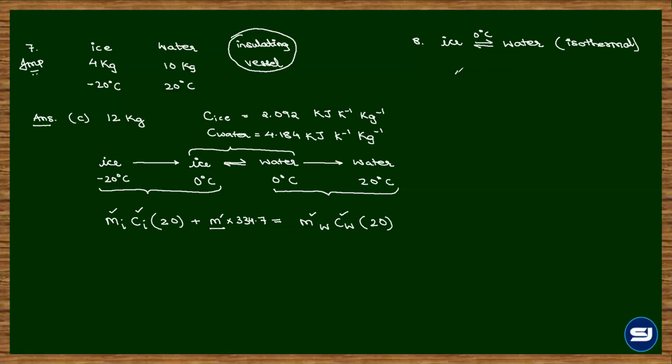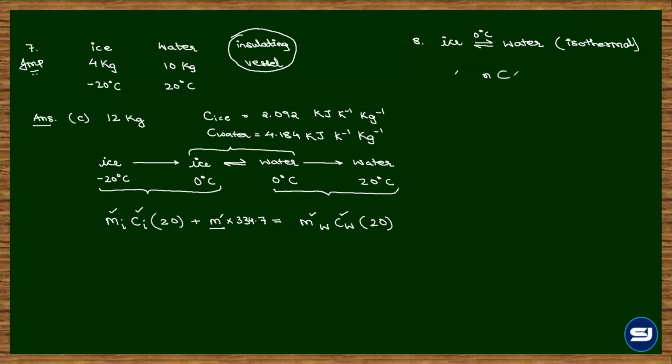Latent heat. Latent heat क्या लिखेंगे? Mass into the value of latent heat of fusion. Just tell me the formula. M into L. N into, यहाँ पे अप्लाई किया ना हमने.